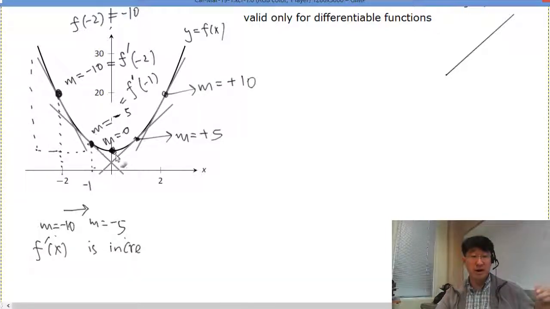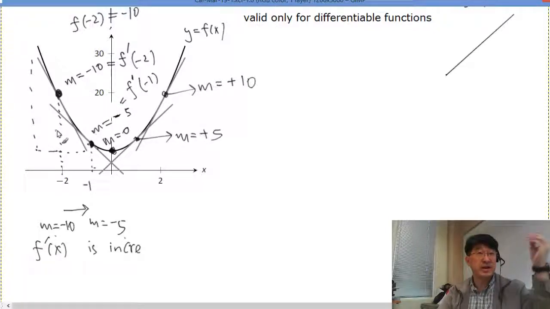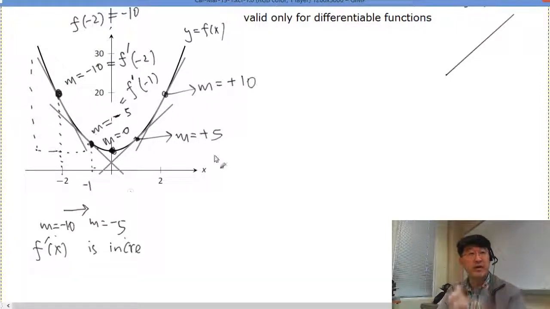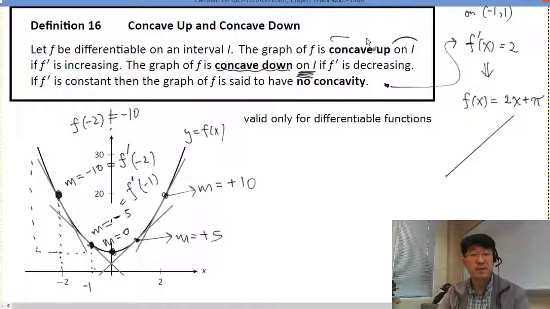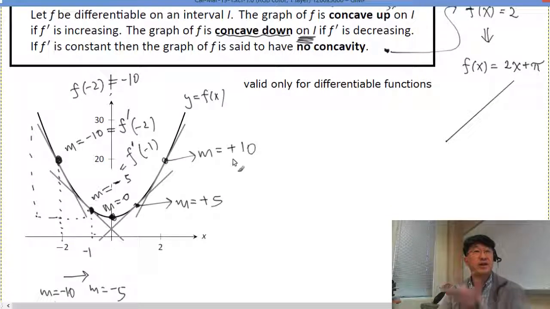So from left to right, I hope you agree, the value of a derivative, the slope of the tangent line as a number, is consistently increasing all the way. That's what they're saying there: f prime of x, the slope, is increasing from left to right. If that happens, what do they call that property? Concave up. This entire thing is concave up, right?